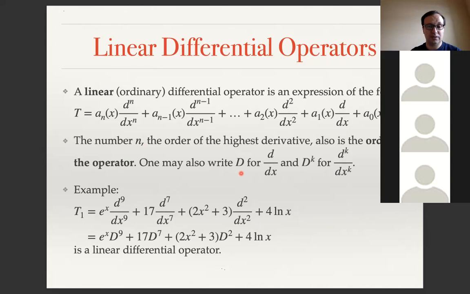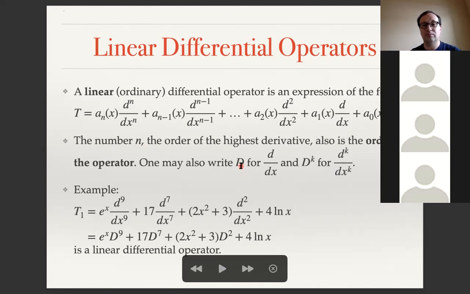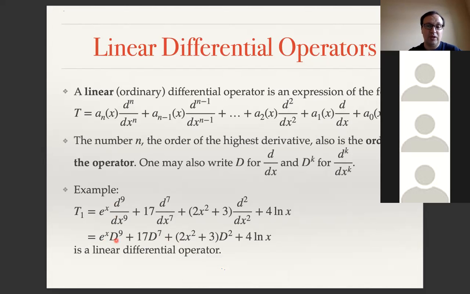There's also this capital D notation, which I think is more modern. This facilitates writing these linear operators in the abstract. So D to the 9, D to the 7, D squared. We think of each higher order derivative as in some sense a power of the first order derivative, meaning the first order derivative applied that many times. So D to the 9 means D applied to D applied to D, nine times.